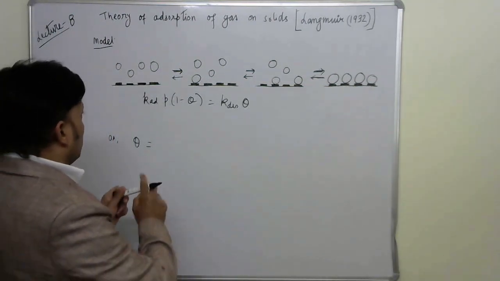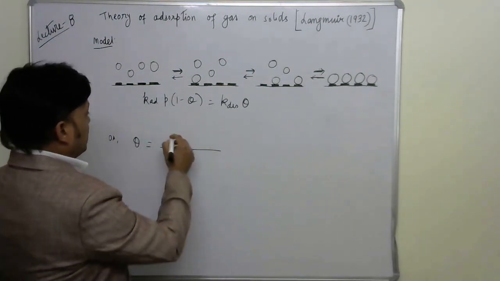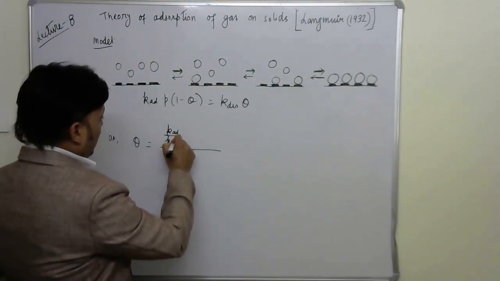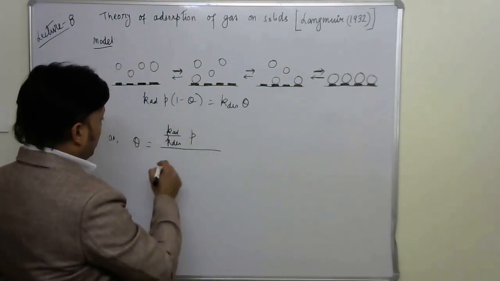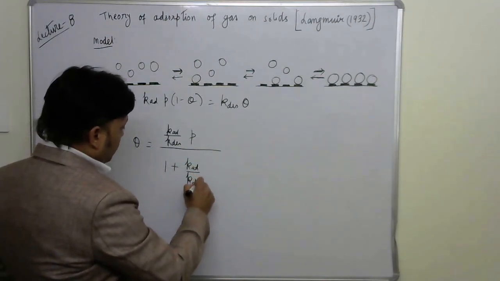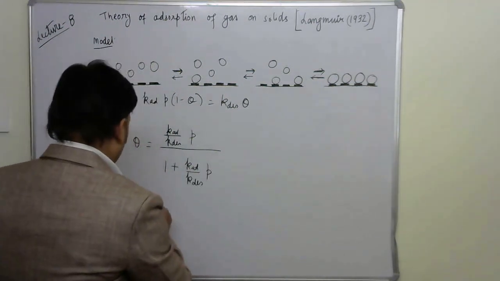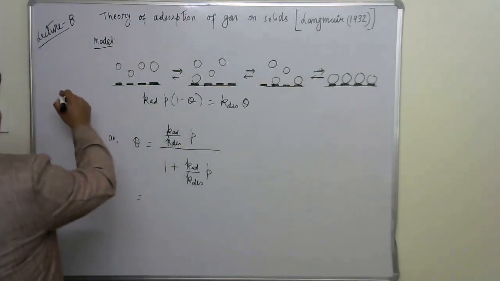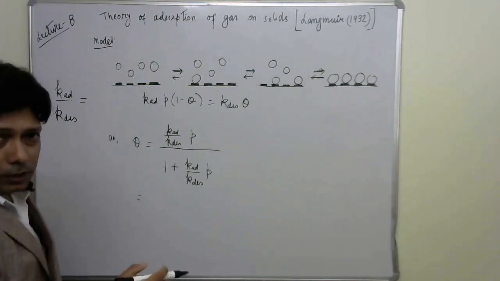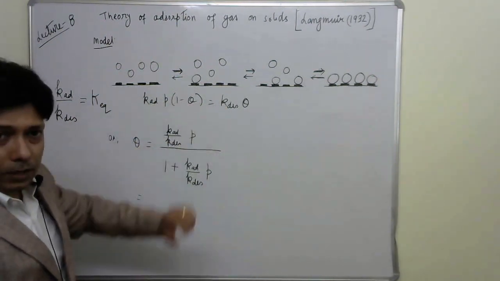If we want to calculate theta from this equation, it takes a form like this: K adsorption divided by K desorption multiplied by pressure P, divided by 1 plus K adsorption divided by K desorption multiplied by P. Once again, as you can see, K adsorption divided by K desorption, according to our understanding of equilibrium, is the equilibrium constant K of the adsorption process.